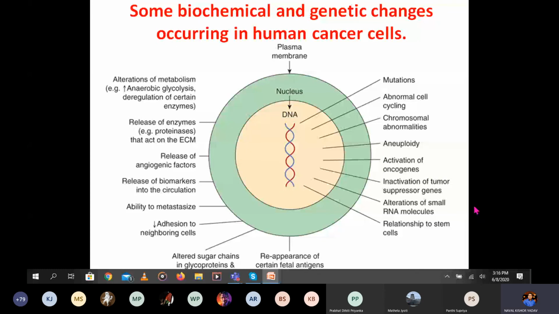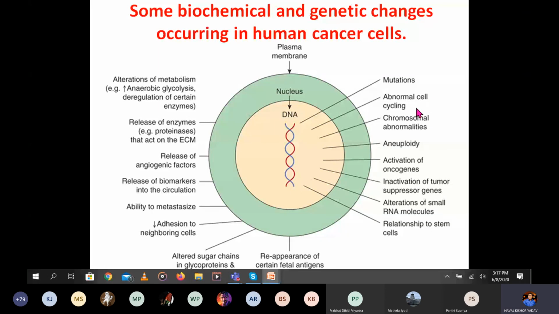Some biochemical and genetic changes occurring in human cancer cells you can see here. Okay, in one diagram everything is mentioned. Increased anaerobic glycolysis, degradation of certain enzymes, release of enzymes, release of angiogenic factors, biomarkers, ability to metastasize, decreased adhesion of the neighboring cells.